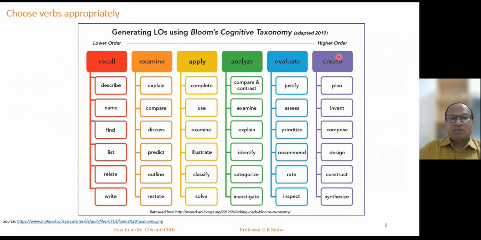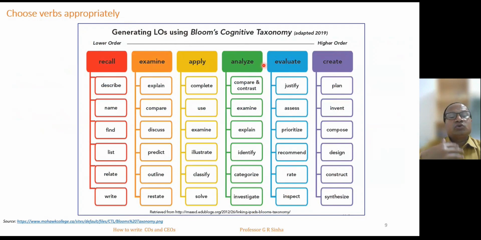But when we actually want to use create in our course outcome and objective statements, there are alternative words like plan, invent, design, construct, synthesize, etc. When we want to write evaluate, there are some powerful verbs: justify, assess, recommend, rate, inspect.